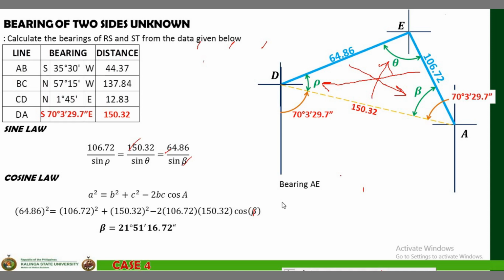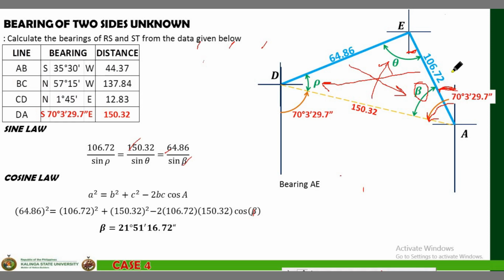You can see the diagram. I solved for beta, and this angle is 70 degrees 3 minutes. Now I want the bearing of AE. This angle is the same as this angle.